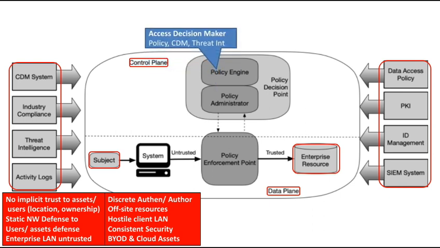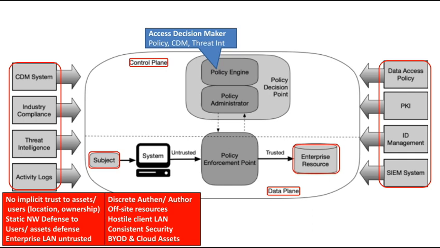So this policy engine is part of the policy decision point. In the control plane, this policy decision point has two components. First is the policy engine, and then the policy administrator.